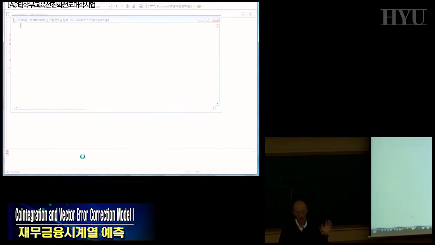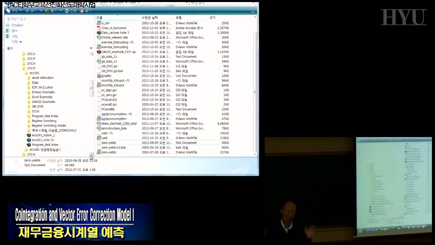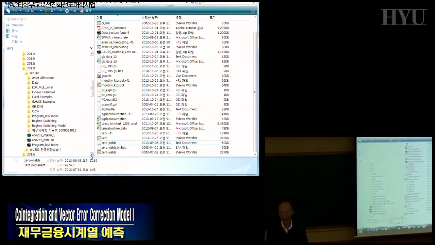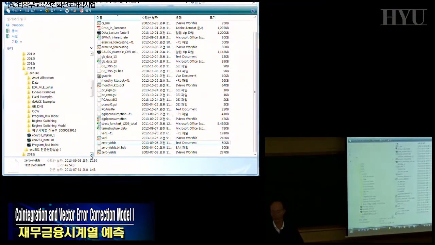Before you actually start writing your program, the first thing is you have to think very hard and figure out whether there is an alternative. If you can do the exercise using EViews quickly and accurately, that's your first choice. That has to be your first choice. It's tested, proven, efficient.